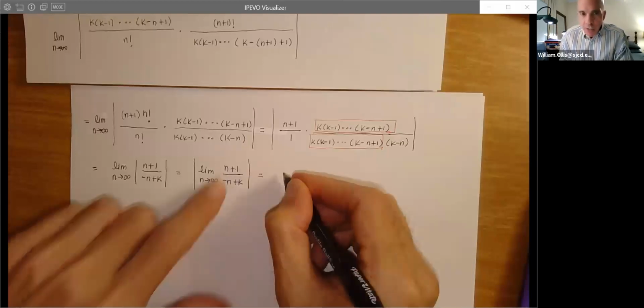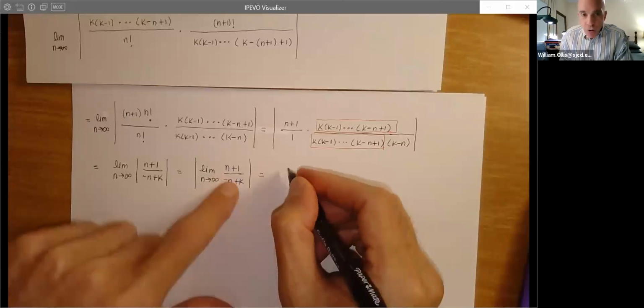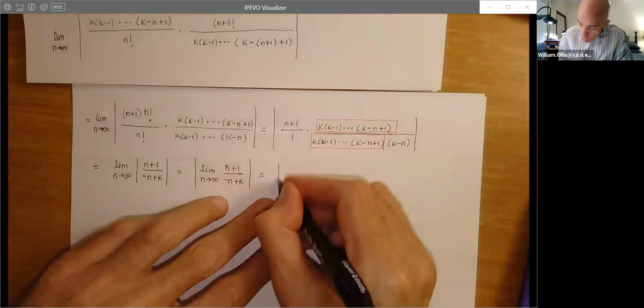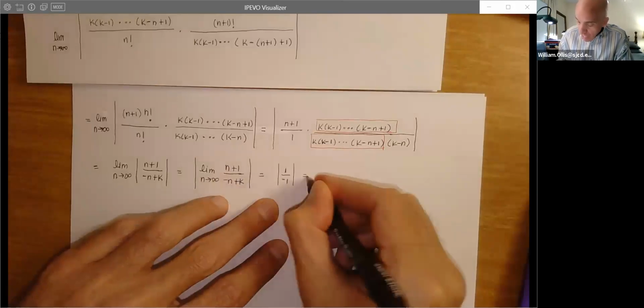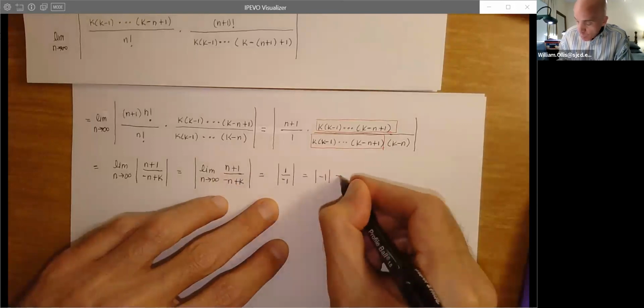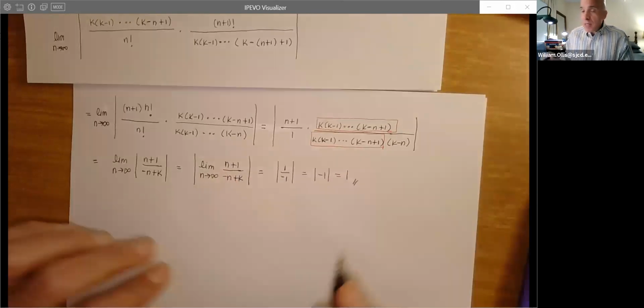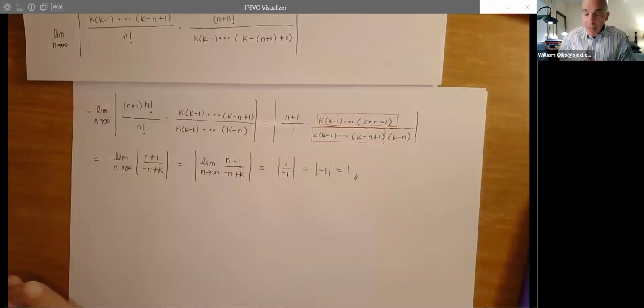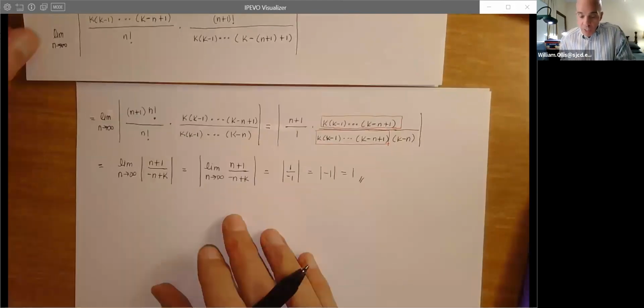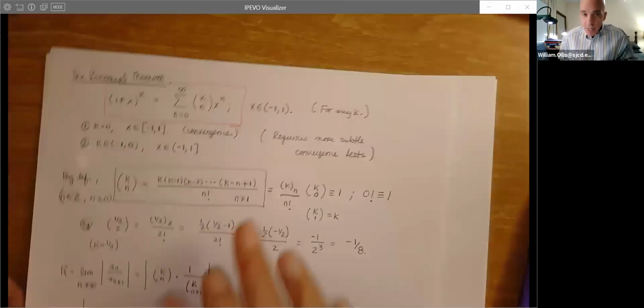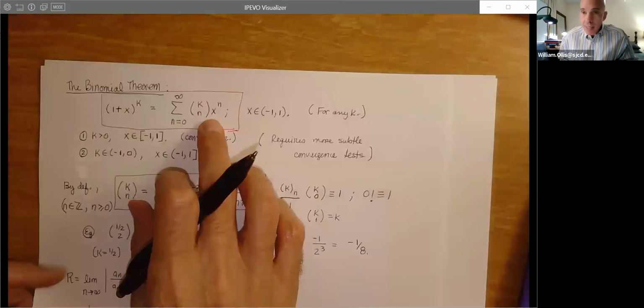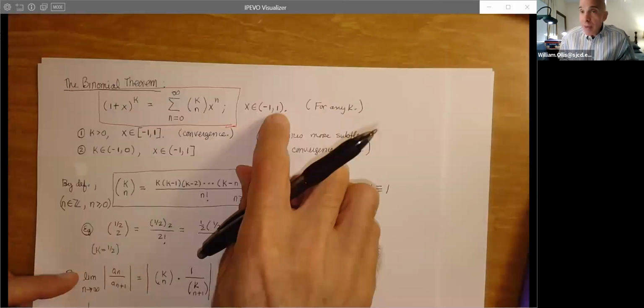So these are the dominant terms. So this will just give us the ratio of leading coefficients, which will be 1 divided by negative 1, the absolute value of negative 1, which is 1. So that's really what we thought would be the case. That is, the radius of convergence for this particular series here is indeed 1. So that makes sense.